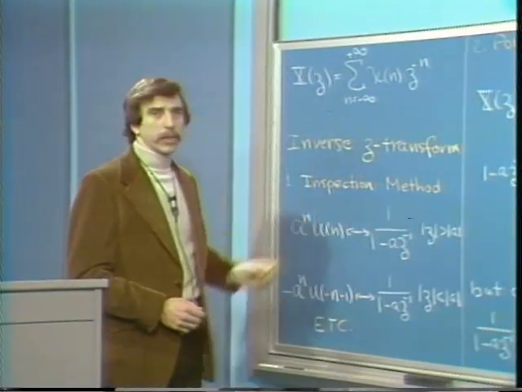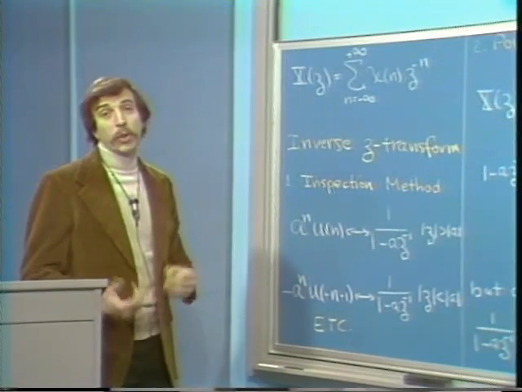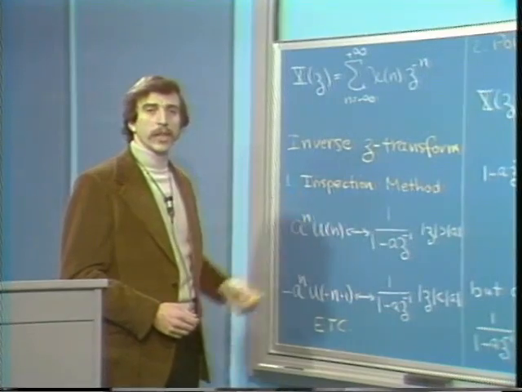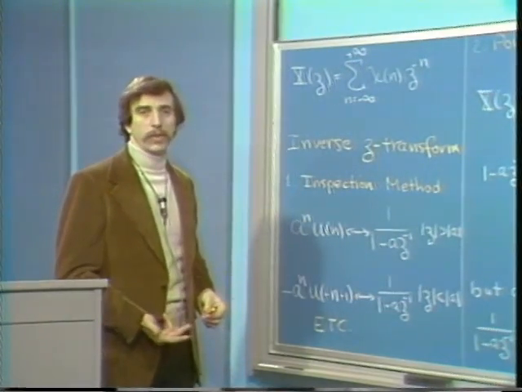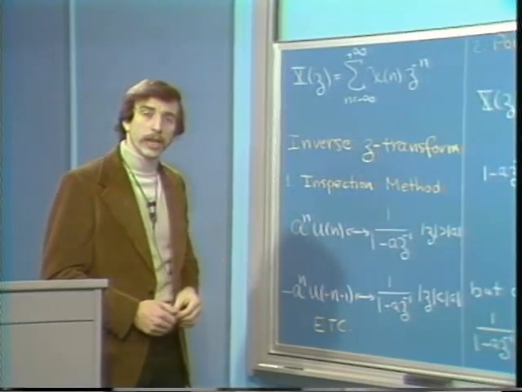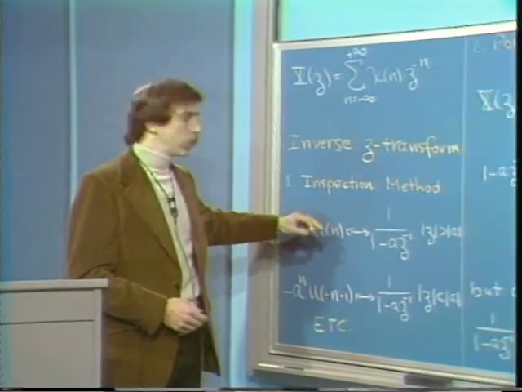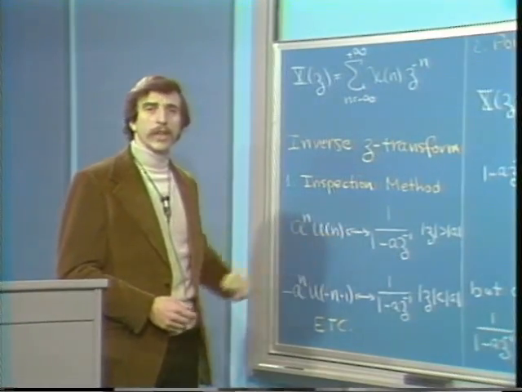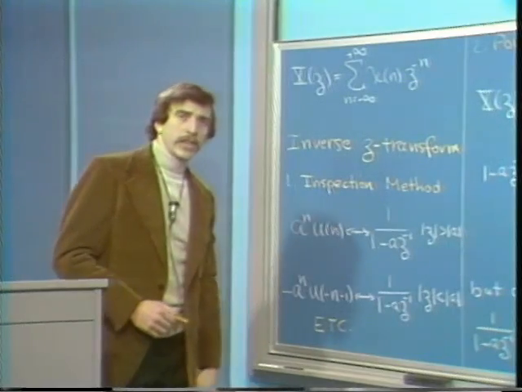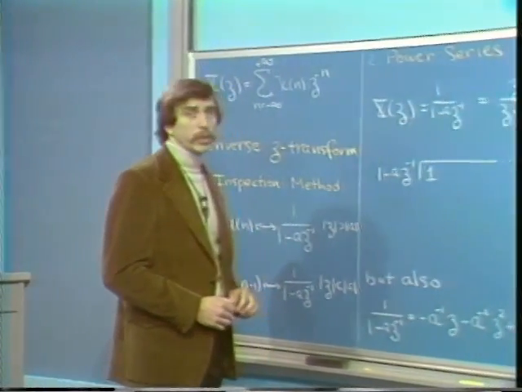So this is one method, which I emphasize again is one of the most common methods. That is just simply recognizing the Z-transform as something that we've computed previously from a sequence. And obviously, as you work more examples, you build up a larger list of sequence and Z-transform pairs which you can recognize.